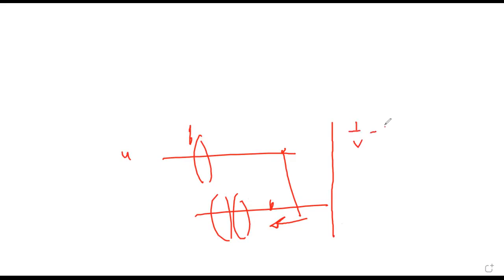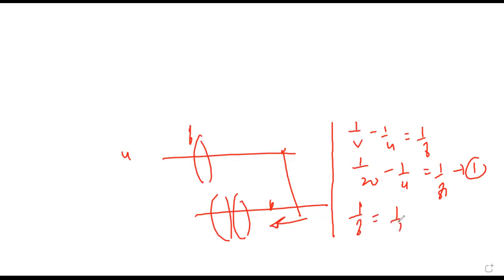1 upon v minus 1 upon u is 1 upon f. So 1 upon v in the first case is 20. Object I don't know, let it be u. This is 1 upon f1, first equation. Then for the combination, 1 upon f is 1 upon f1 plus 1 upon f2.